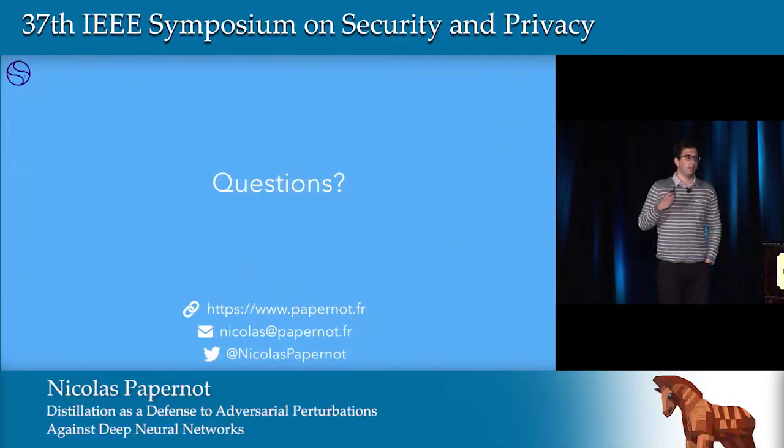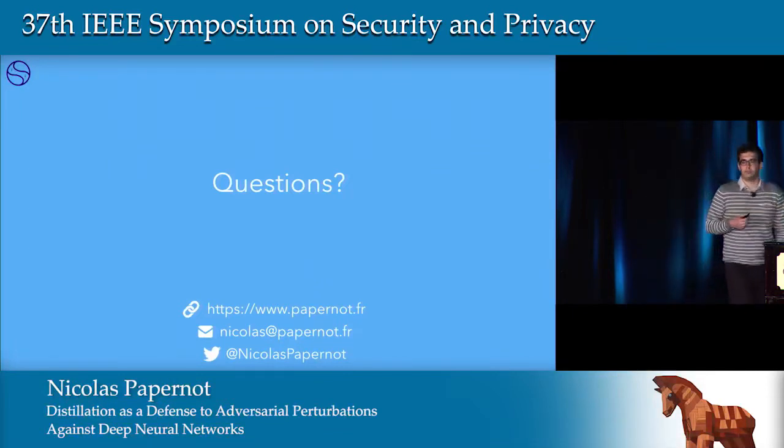However, in more recent work, we showed that this knowledge is not required to conduct the attack. As a matter of fact, adversaries can conduct black box attacks on any machine learning technique by training substitute models for their target. I'm going to ask a very quick question and then we'll move on.